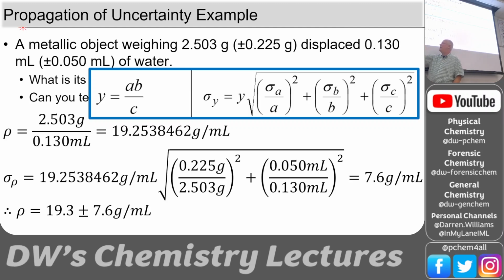This has to match that in terms of its place value. Since we have 0.76 or 7.6, we're going to put that here, and that's going to tell us where to round this number. We had all of those digits, but we're going to round to the tenths place. Right here is a 5 following the 2, so we're going to round up to 3. So 19.3 plus or minus 7.6 grams per mil.